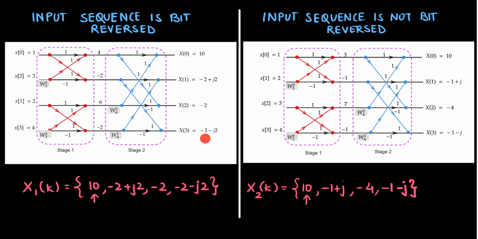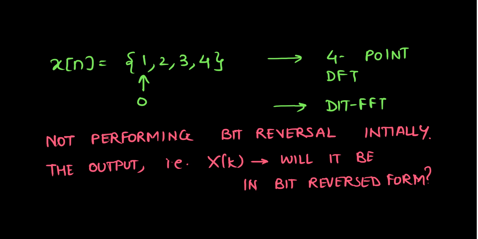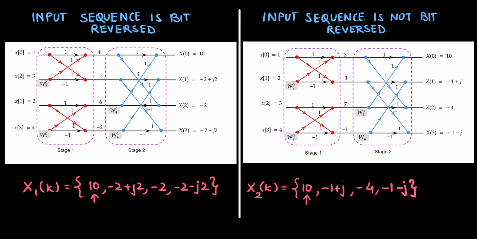Now if we compare both of these sequences, these are not at all the same. What we are doing here, we are not considering bit reversal, and therefore the sequence of input that we are considering is somewhere wrong. So instead of finding the DFT of this input sequence, that is x of n equal to 1, 2, 3, 4, we are basically finding out the DFT of 1, 3, 2 and 4.